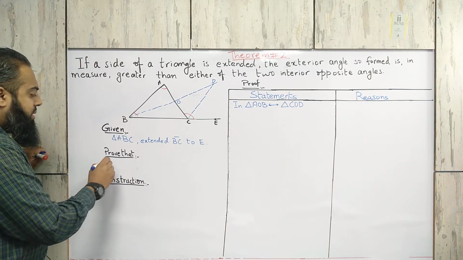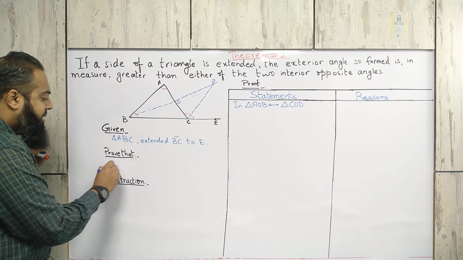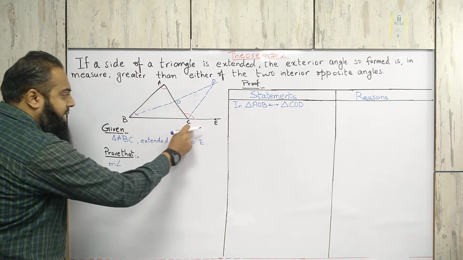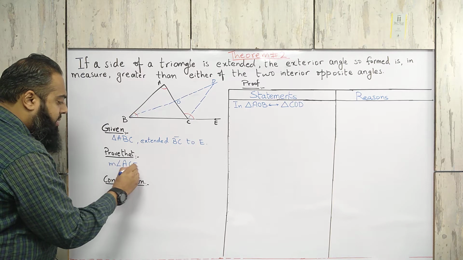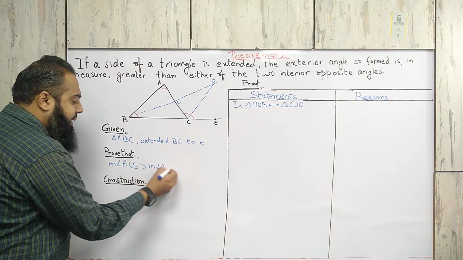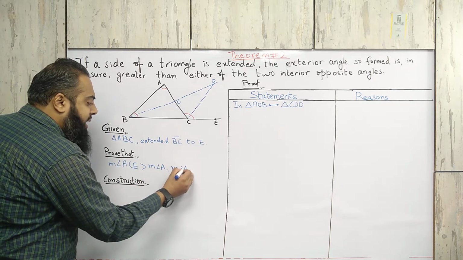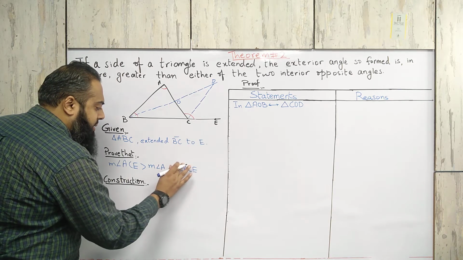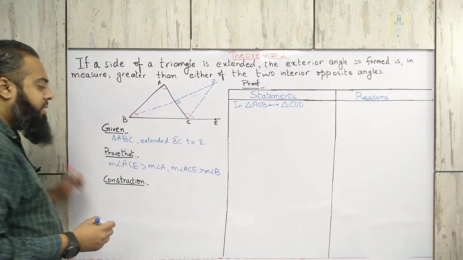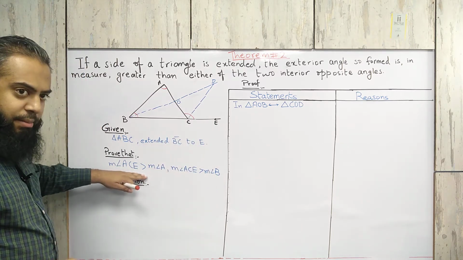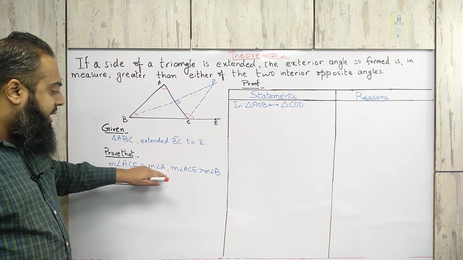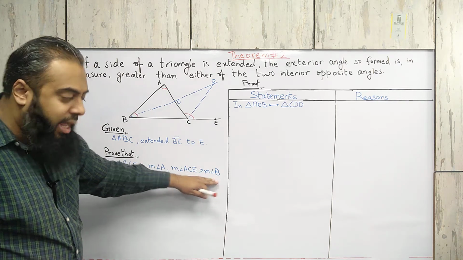We have to prove that measure of angle ACE is greater than measure of angle A, and measure of angle ACE is greater than measure of angle B. Individually, not combined: measure of angle ACE should be greater than measure of angle A, and measure of angle ACE should be greater than measure of angle B. That we have to prove.